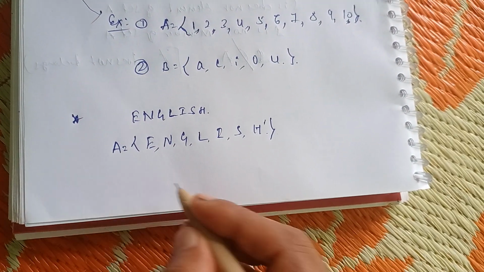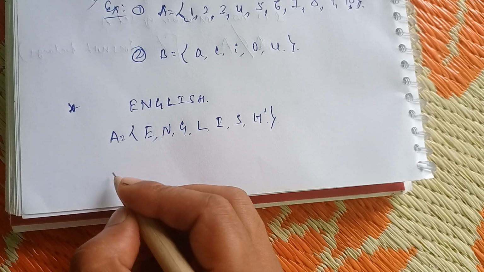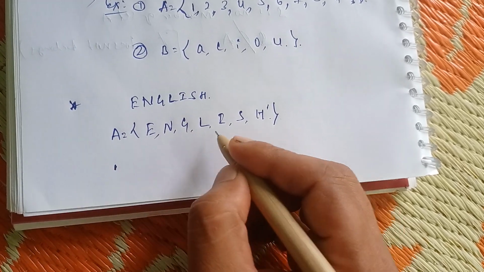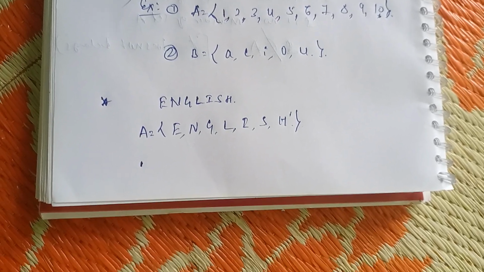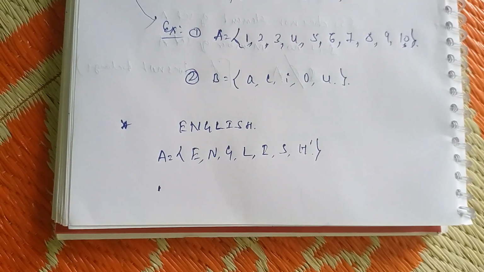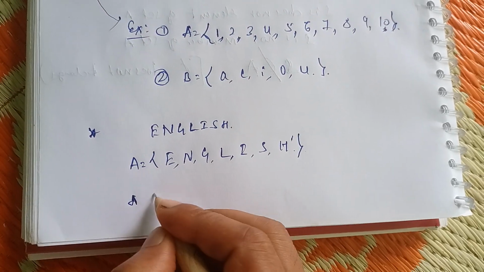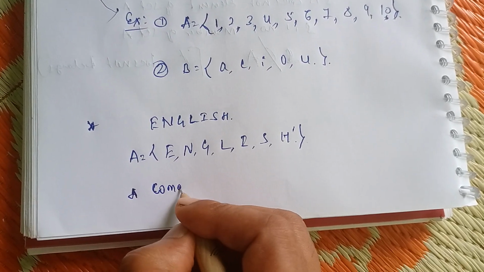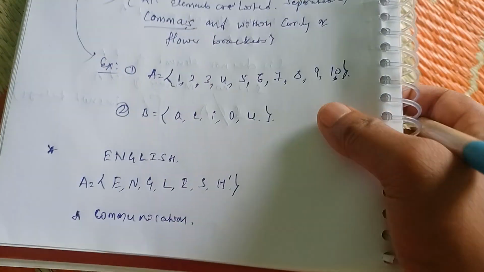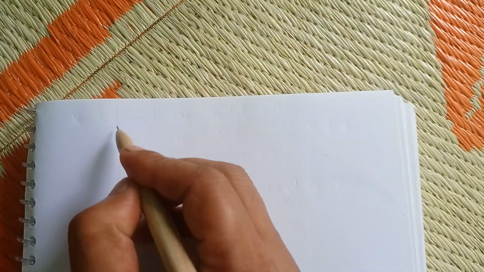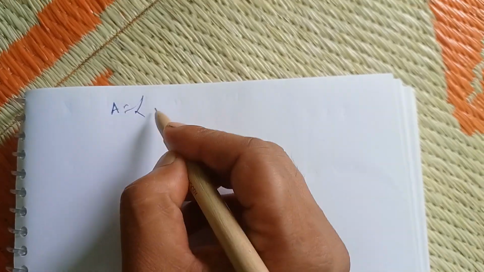This is the English word, separated into letters. Then one more example, communication. How to write communication as a set?